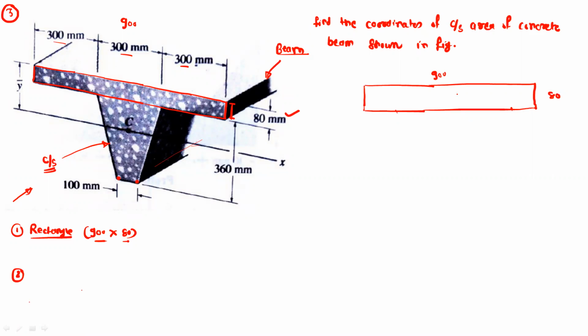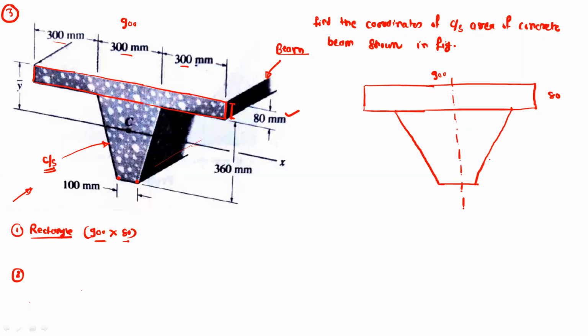Then we have the trapezoid shape. So this is the central axis. So we have the shape for the trapezoid. Okay.